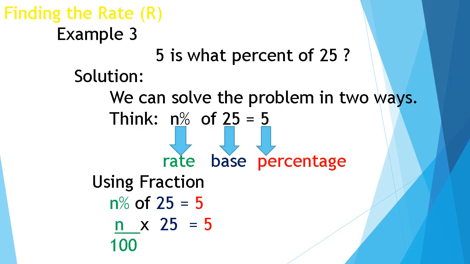Okay, using a fraction. So n% of 25 is equal to 5. So we are going to change n% to a fraction. So it becomes n over 100 times 25 is equal to 5.